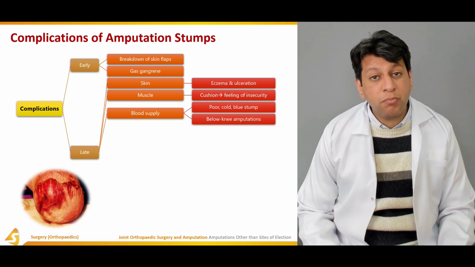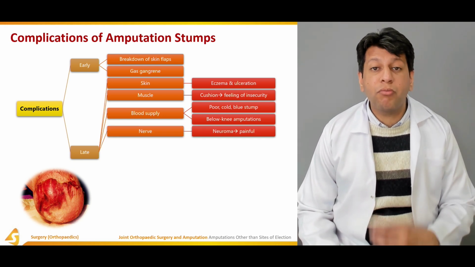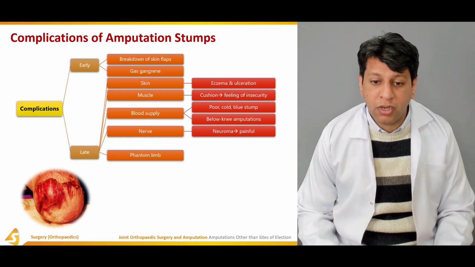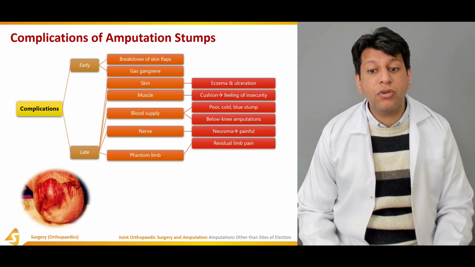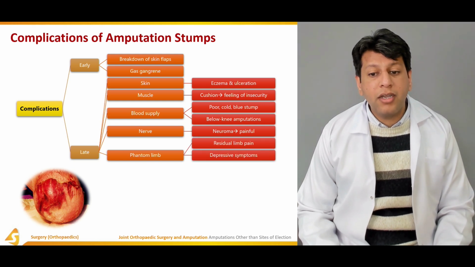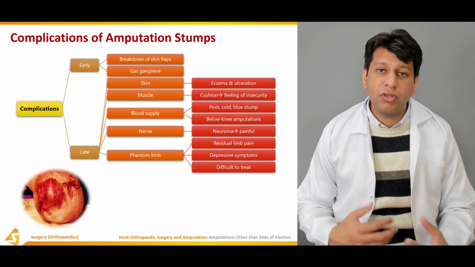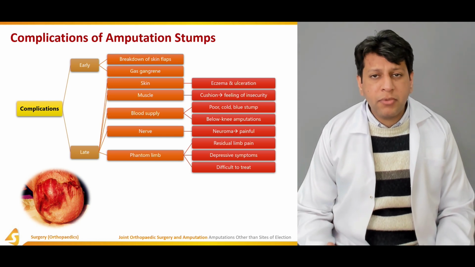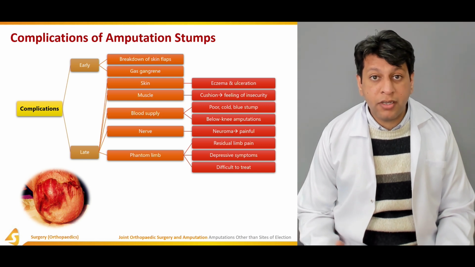Below-knee amputation especially has this problem. There could be nerve problems, especially in the form of neuroma formation, which could be highly painful, or even phantom limb syndrome. Another common complication is phantom limb syndrome, which is associated with residual limb pain and depression symptoms, and is difficult to treat, because when the nerves form a neuroma in and around the joint, the patient feels pain in the limb which has been amputated.